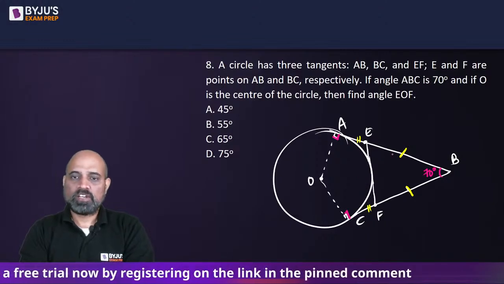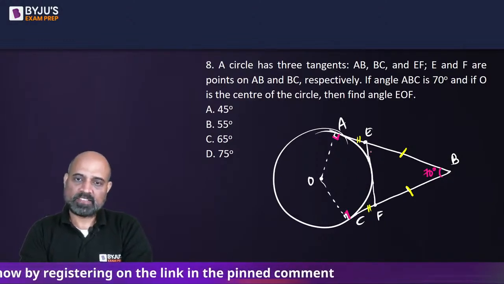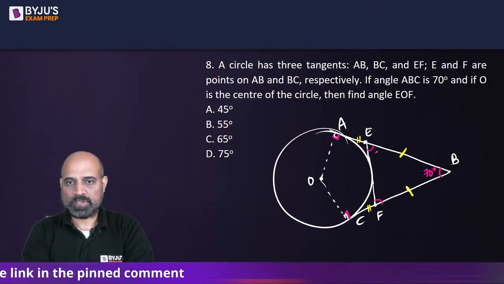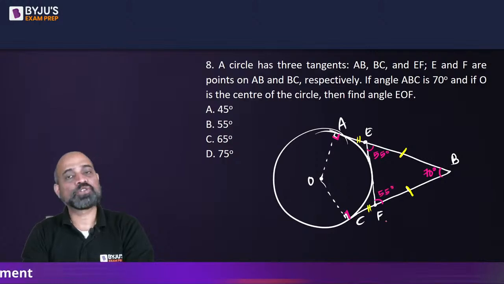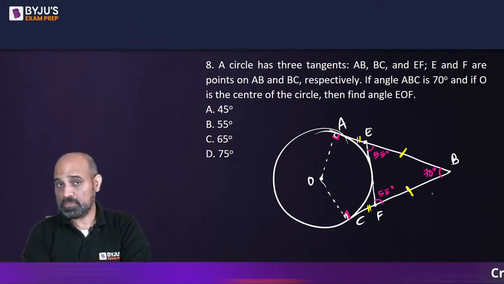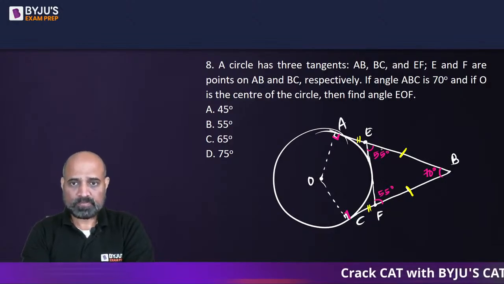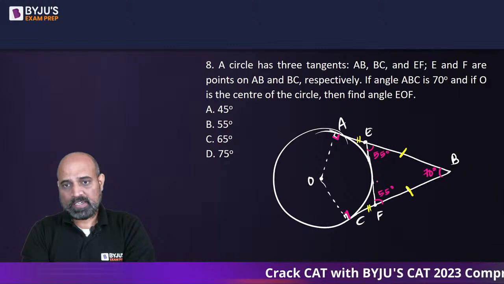Okay. So that one is 70 degrees and these two should be equal, right? So each one is going to be 55 because in the triangle BEF the sum should be 180 and BEF is an isosceles triangle as of now. This is 55.